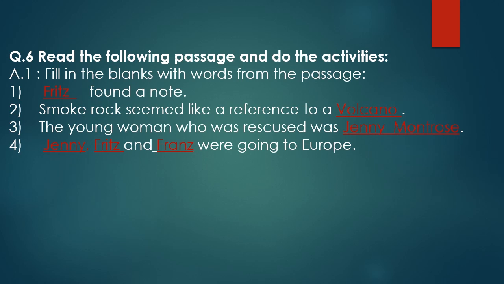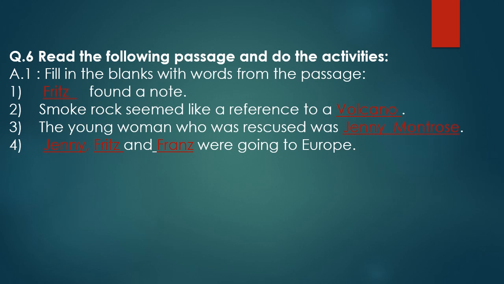Coming to the second one, "smoking rock seemed like a reference to a dash." Now, if you come to the fourth line of the passage, you have the answer there. That smoking rock sounded like a reference to a volcano. So the answer is volcano. The third one, the young woman who was rescued was. And who was that? Her name was Jenny Montrose. So that is also there on the screen.